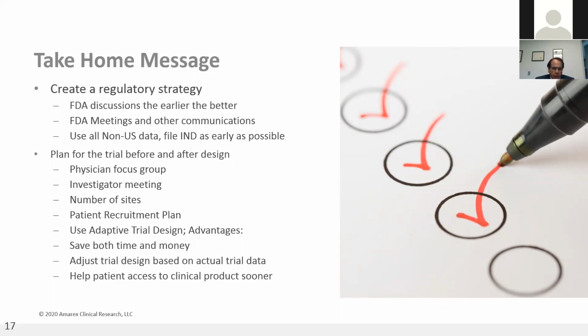If you are doing a trial that you have enough information about, you don't need to have another pre-IND meeting with the agency. You need to have all the material that you need and present to the agency. Use all the non-clinical data that you have in advance. As I said, before starting the trial, you have that focus group.